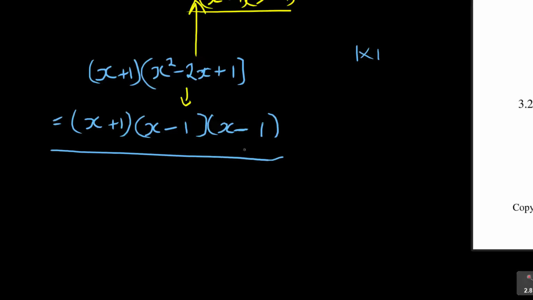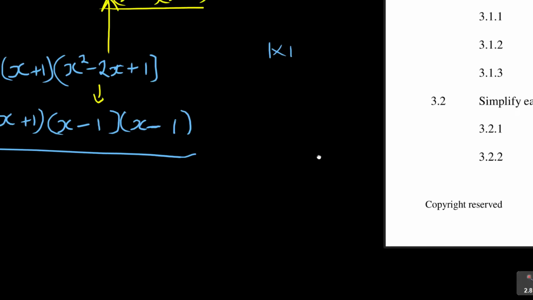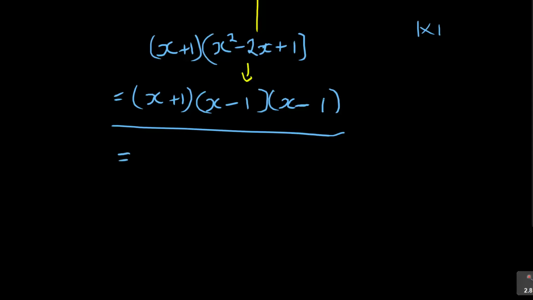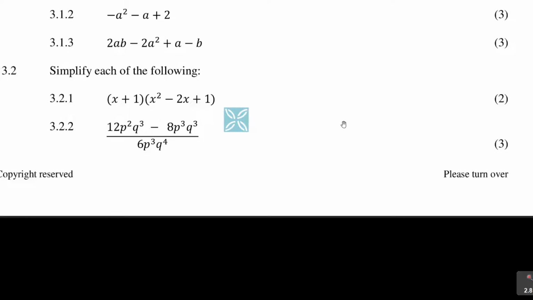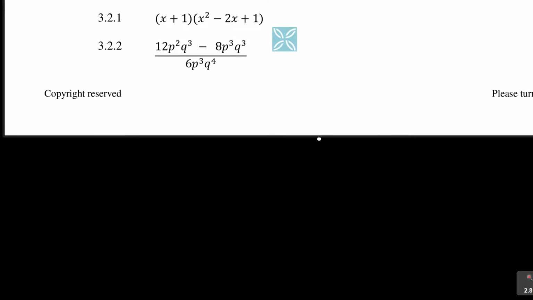It's simplified. Okay, nothing else can be done here. You can even move on to say which is equal to x plus 1 and x minus 1 squared. You see, because it's the same one. Next one is this. You are simplifying, and they gave this one.